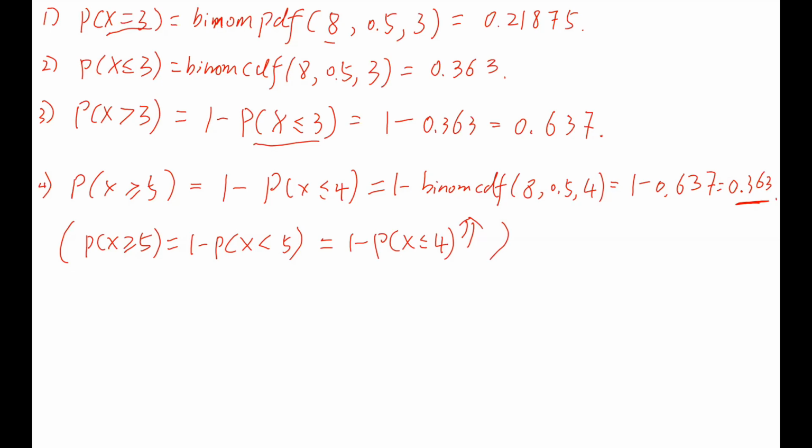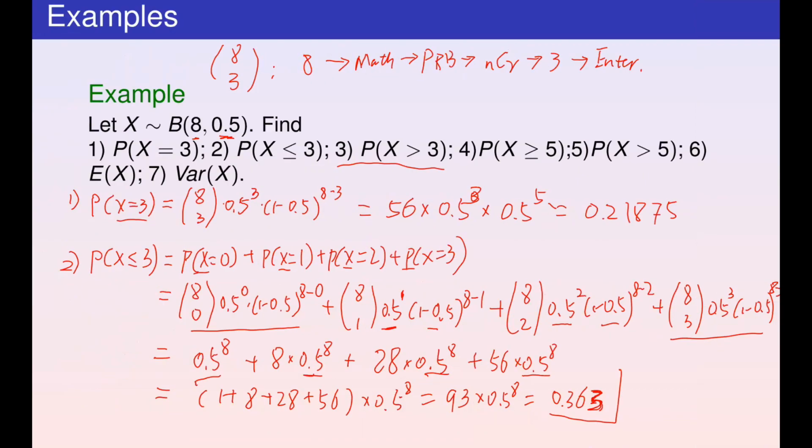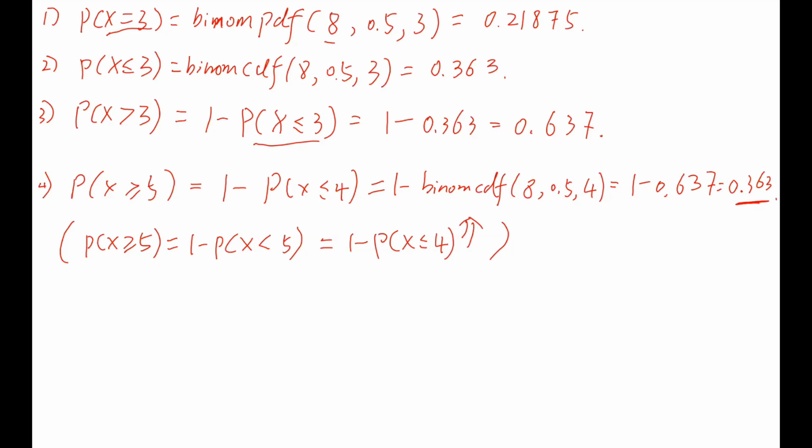Okay, very good. All right, so that's question 4. Okay, so we can get these values using the calculators as well. Now, how about 5? The probability of x strictly greater than 5.